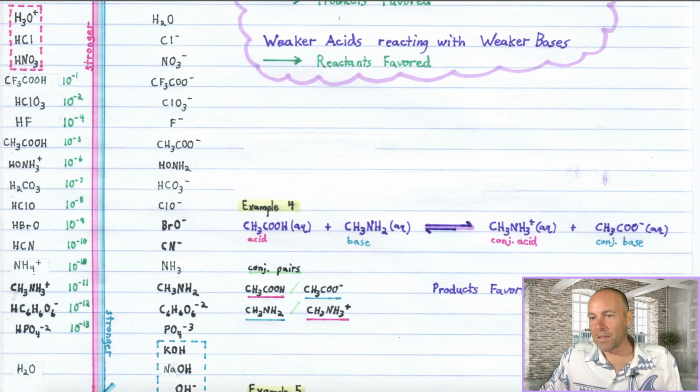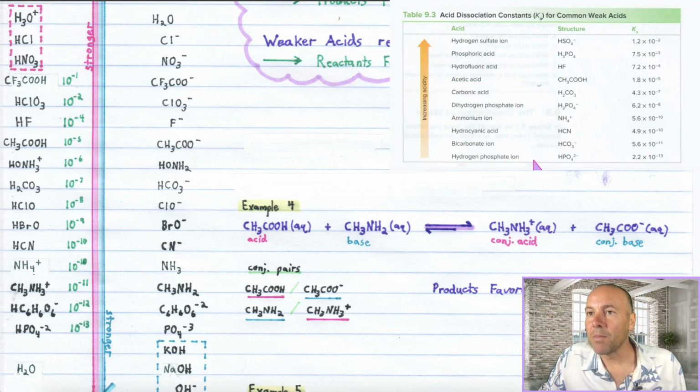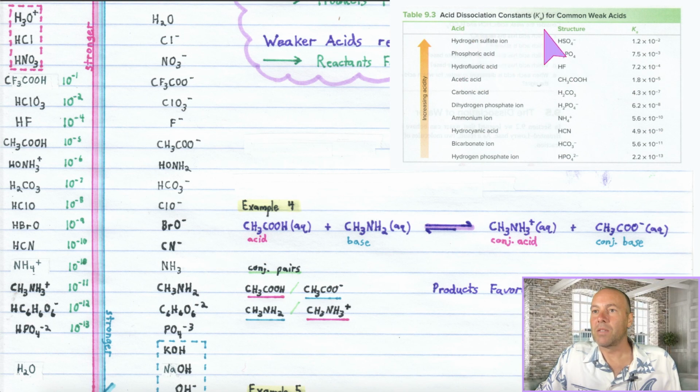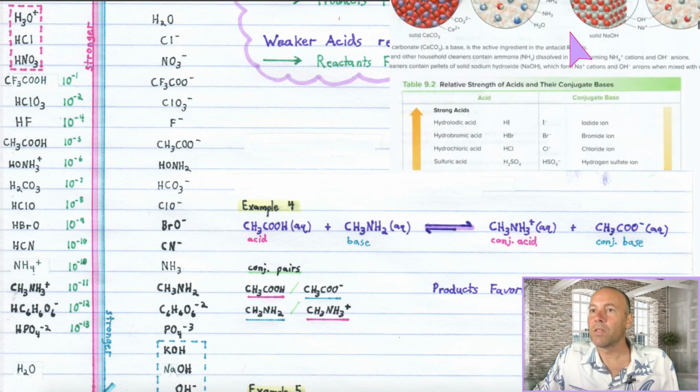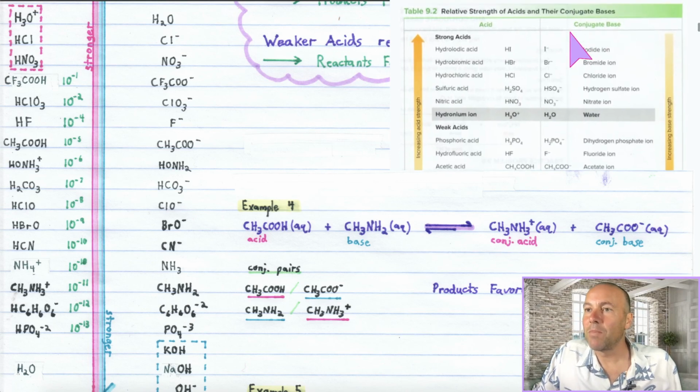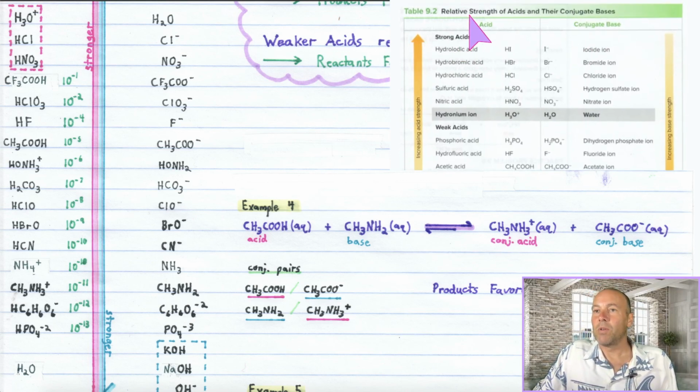The author has a table in the textbook. This is table 9.3, acid dissociation constants. So here's a bunch of acids and their acid dissociation constants, but there's one more table I wanted to show you here. Table 9.2. So table 9.2 shows you a similar looking table as I've drawn over here. It doesn't include the acid dissociation constants, but again, it shows the acids.